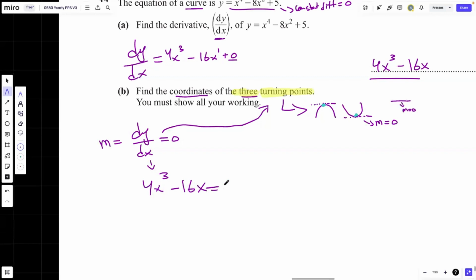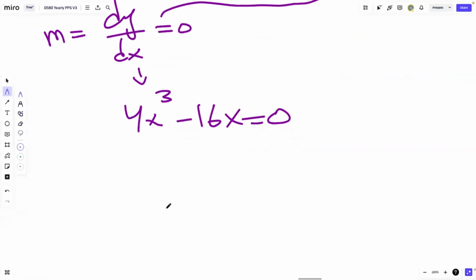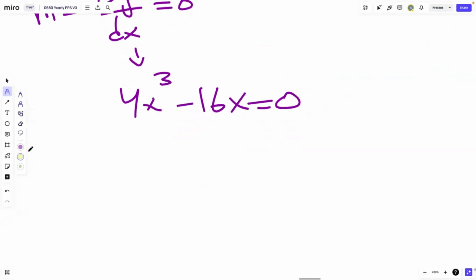You just equate it to 0. Now, how do we solve this? You see x being common, so we can take out the x. We also have 4 common, so we can take that out as well. So that's 4x, with x squared left, and that's just 4 left.